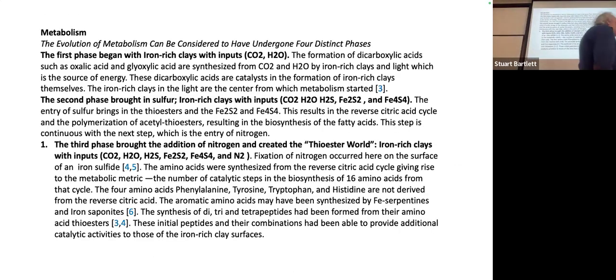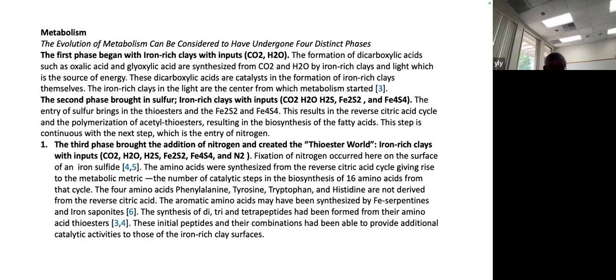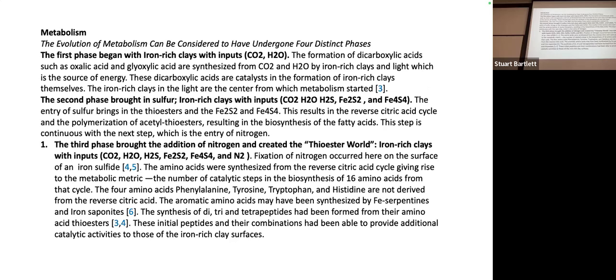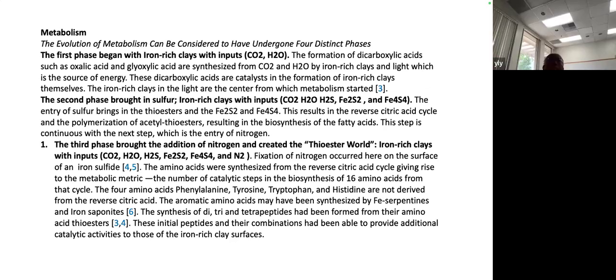And I also talked about in metabolism from the bottom up of how the metabolic system had evolved from CO2, etc. And it was going through basically 3 stages.